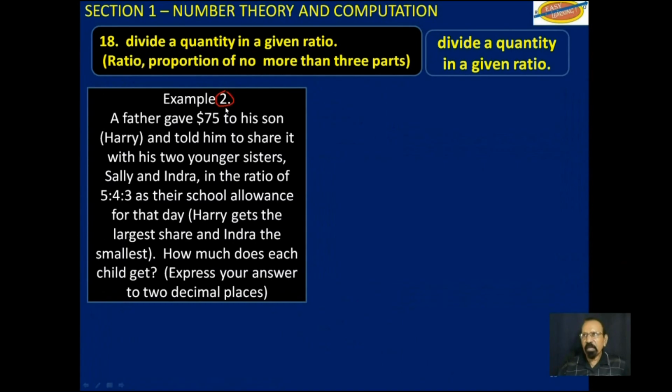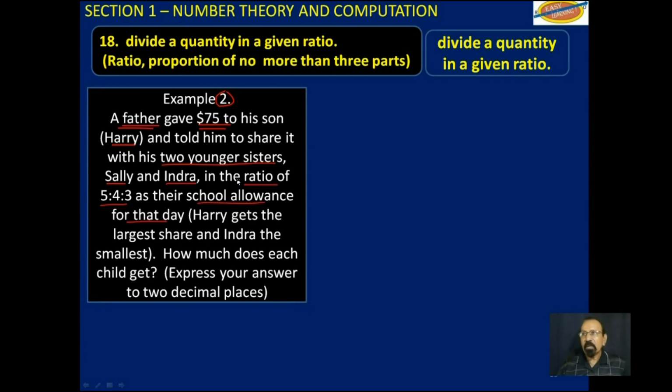Example 2. We will assume that it is the same father. He gave his son Harry $75 this other day and told him to share it with his 2 younger sisters, Sally and Indra. So maybe Indra didn't go to school in that first example we looked at. But today, there is Harry, Sally, and Indra.